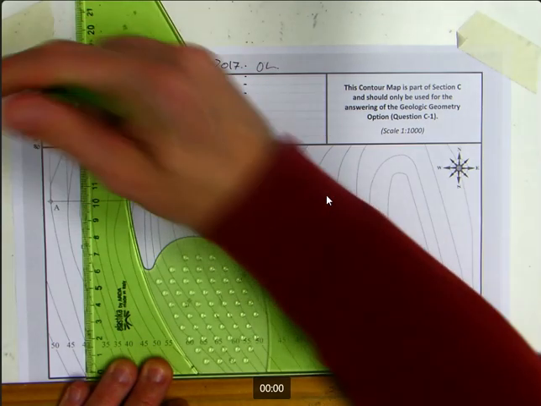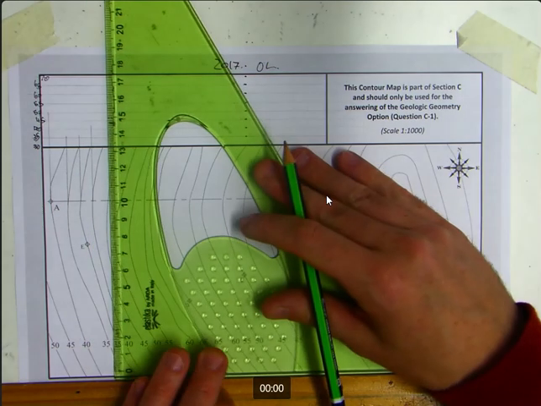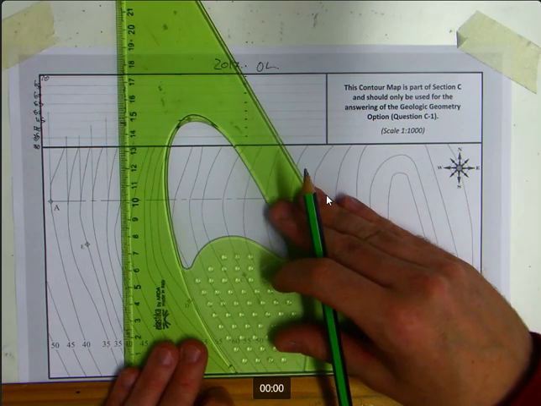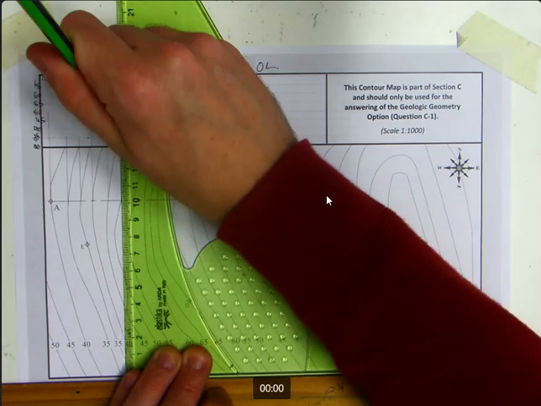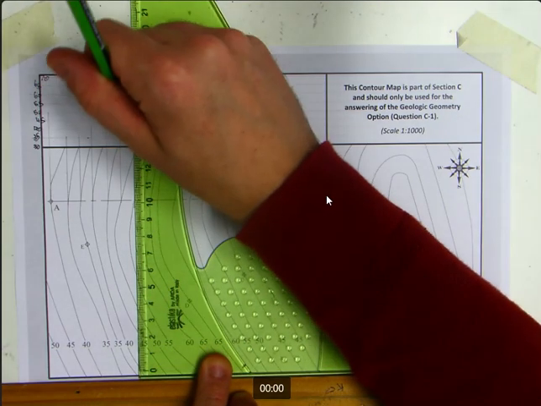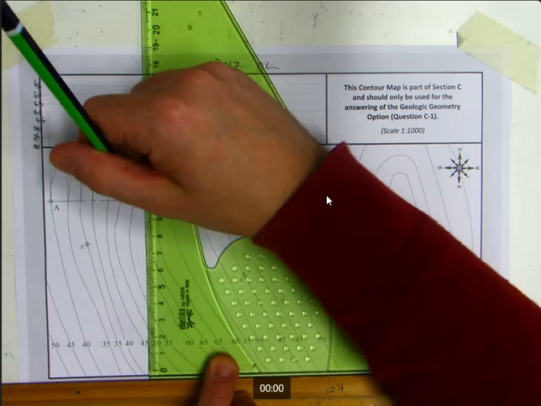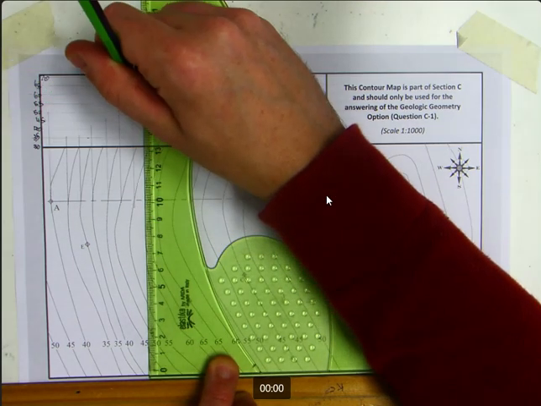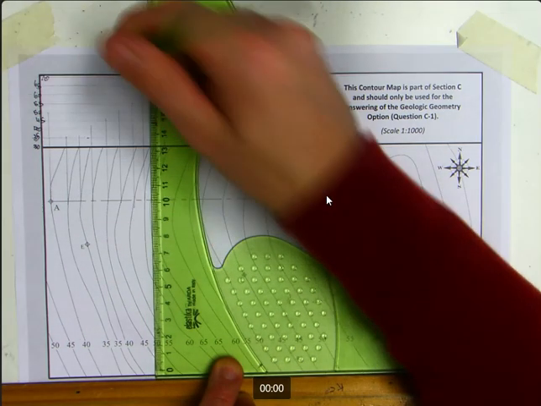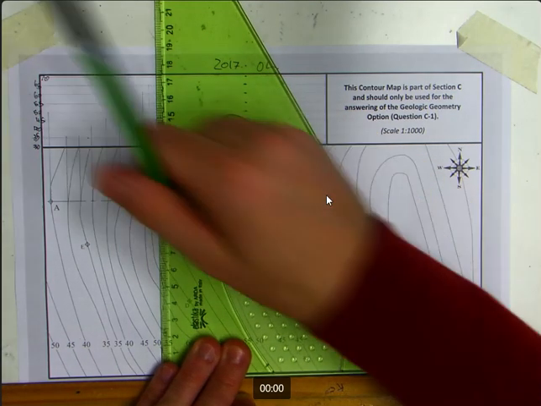The next one is also 35. Then 40, 45, 50, 55, 60, 65 and 65.